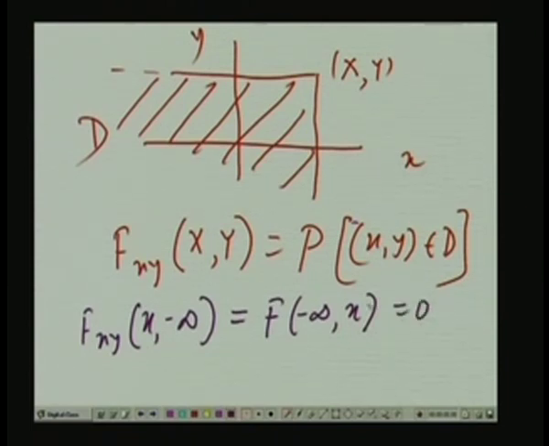Why? It is very simple actually. What is F x minus infinity? It is actually the probability of this event.